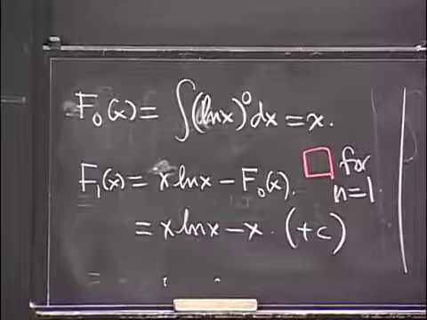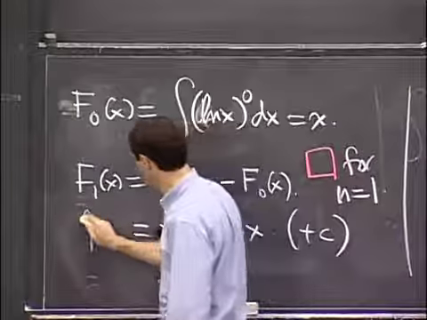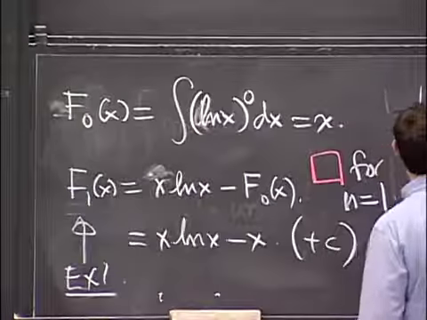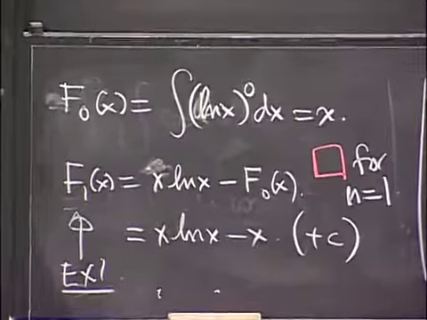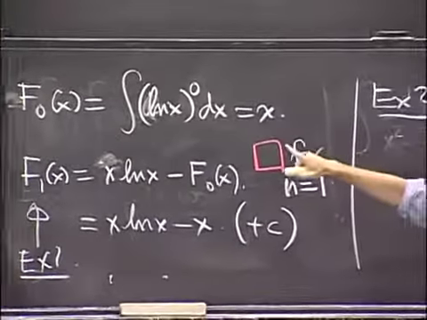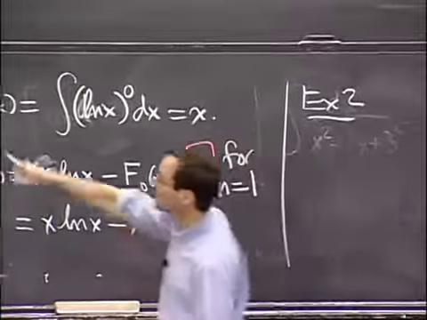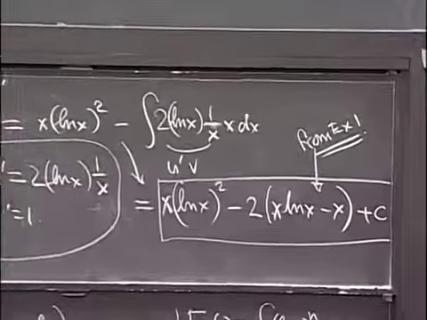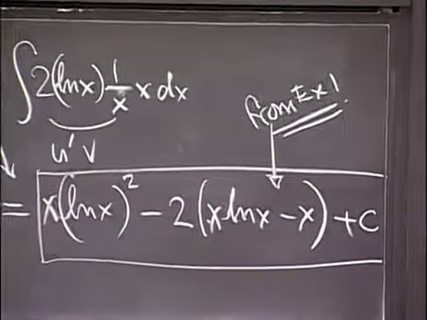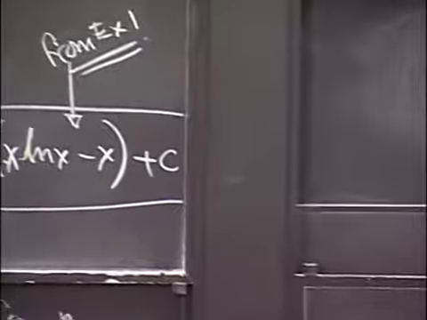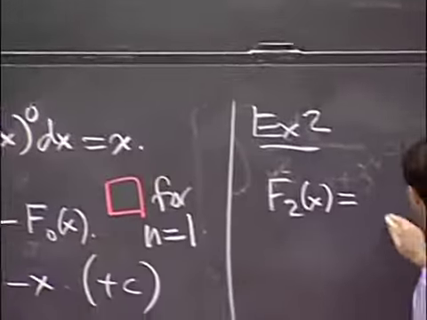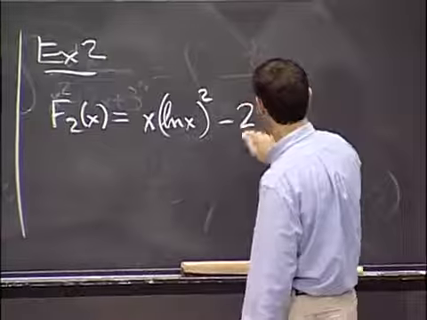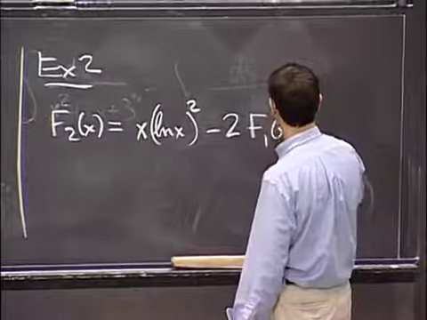The next step, so that was example 1. And now example 2 works more or less the same way. I'm just summarizing what I did on that blackboard right up here. The same thing, but in much more compact notation. If I take f2 of x, that's going to be equal to x log x squared minus twice f1 of x.